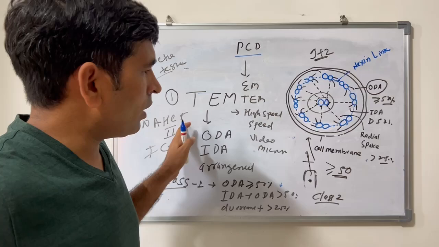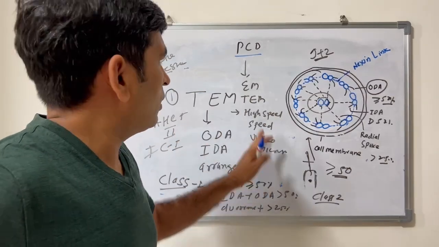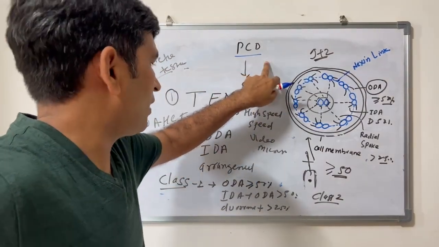This is how you can diagnose primary ciliary dyskinesia.